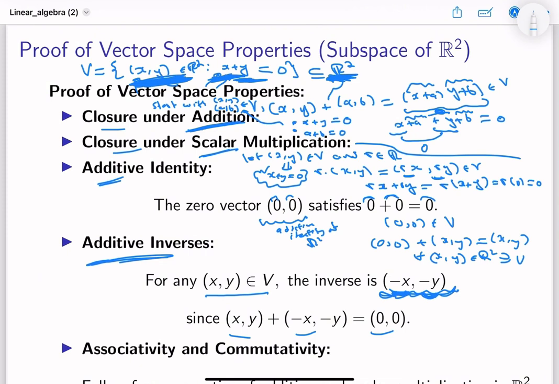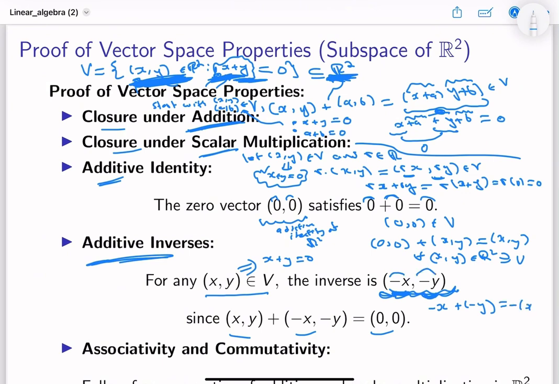Well, sure it is, because since we're starting with an element in V, this implies that x plus y is itself equal to 0, because this is the defining characteristic of what it takes for you to be in V. And we now check that this element is in V. Well, negative x plus negative y, because remember we need to check that the first component plus the second component is equal to 0.